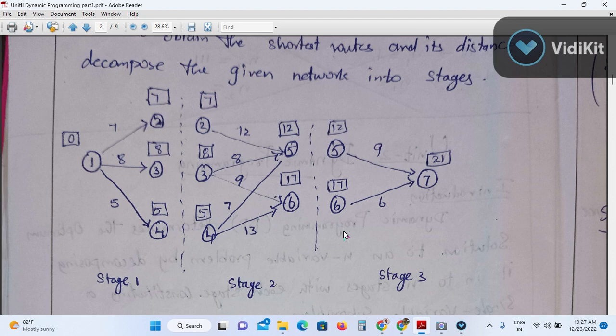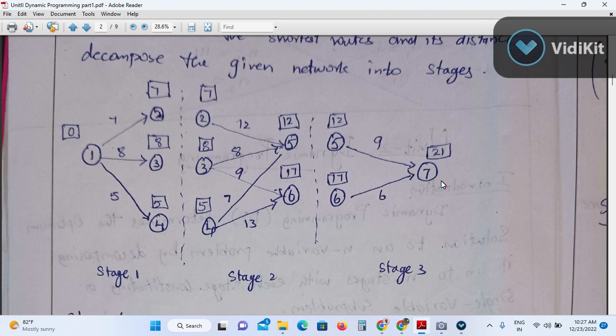This I break into stage 2. Similarly, if you want to finally move to 7, then there are 2 options: one is from 5, or the other one is from 6. So I can break this into 3 stages. Now for each and every stage, we find the shortest distance as well as the shortest route.